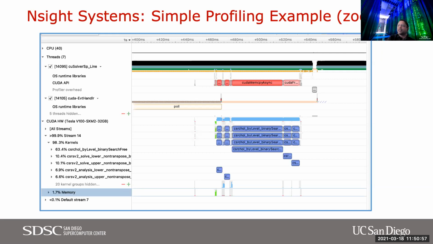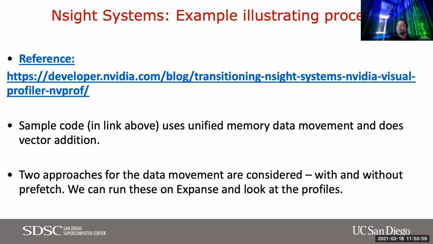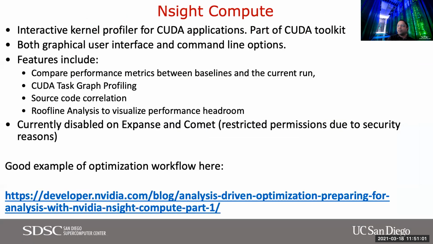And then you can go back and look at the kernel in much more detail. So that's what Nsight Compute lets you do. It's an interactive kernel profiler, and you can look at things in depth for CUDA applications. It's part of the CUDA toolkit.